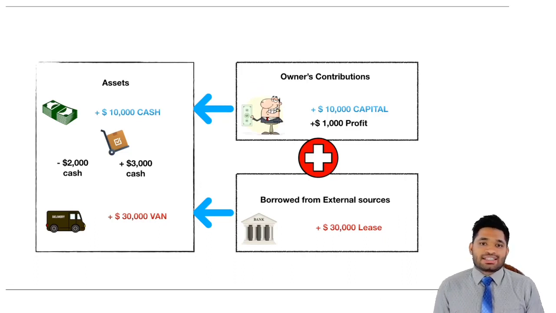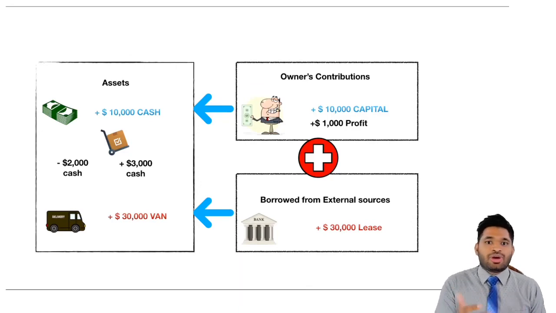Now what is the total of your assets? The total of your assets would be 41,000. And the total of your capital is 11,000. And your liabilities 30,000. So when you add the capital and the liabilities, how much do you get? 41,000.